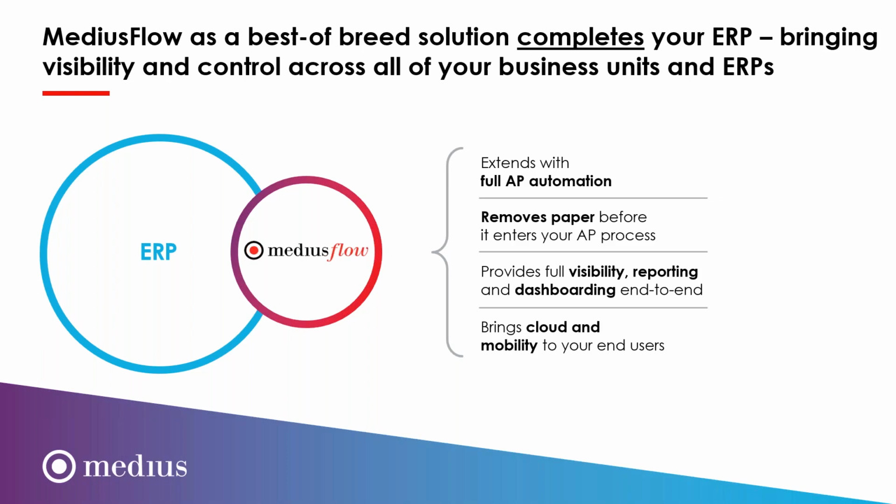It extends the ERP with full automation. It removes paper before it even enters your AP process. It provides you full visibility, reporting and dashboarding end-to-end, and it brings you cloud and mobility to your end users, which is nowadays very useful.